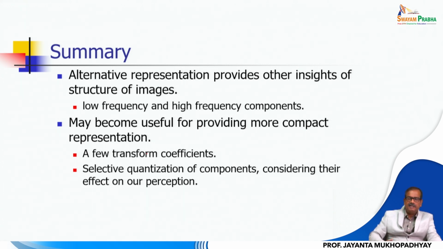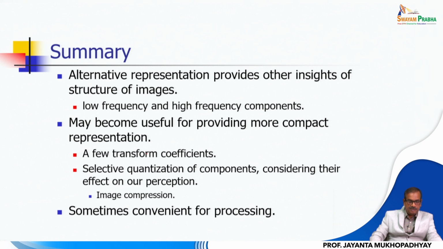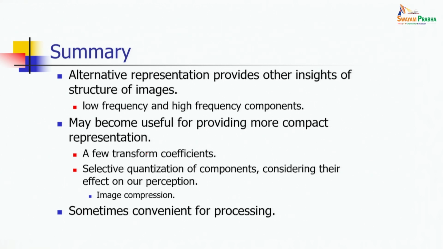From the perception point of view, we can get almost similar perception of the signal. So image compression uses this kind of selective quantization. Sometimes they are also convenient for processing. As I just mentioned, because you are decomposing into several frequency components, you can perform, say, filtering or enhancement, and those are very convenient in transform domain operations.